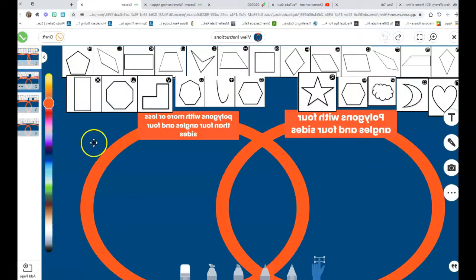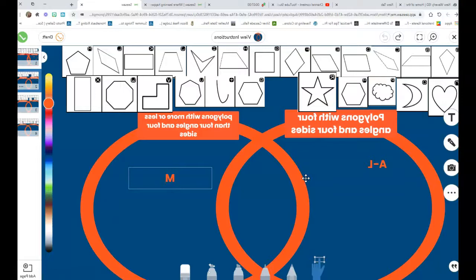A, B, C, D, E, F, G, H, I, J, K, L. And then when we get to M, it has how many? 5. So I'm just going to go ahead and put A through L, all the way to L. Okay, then I get to M. Does that have more than 4? Okay, so we would put it over here.